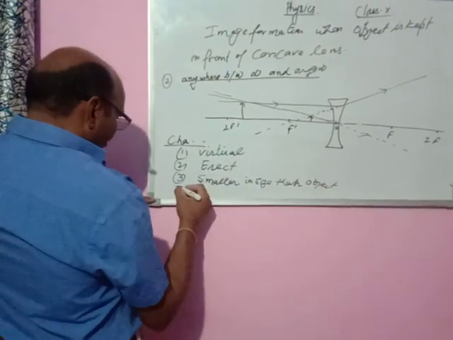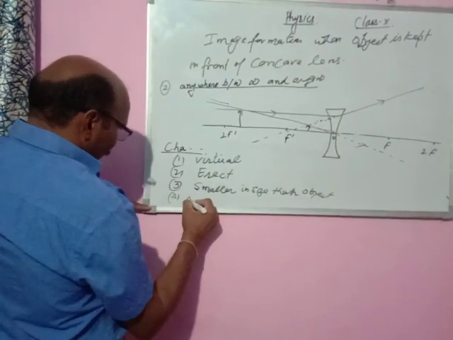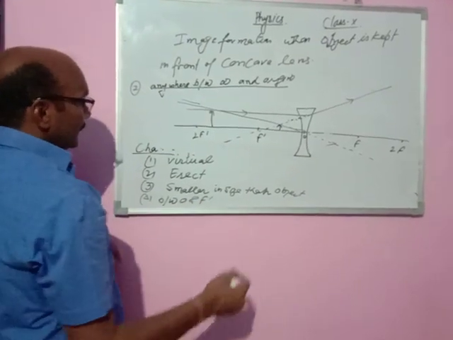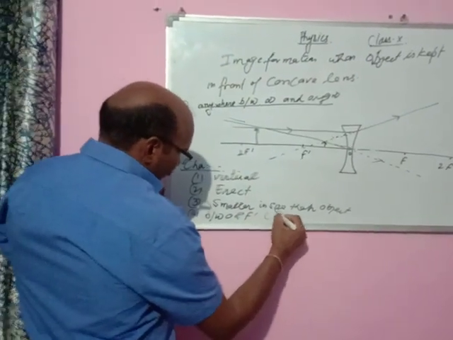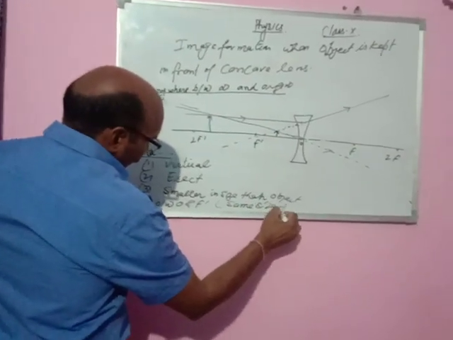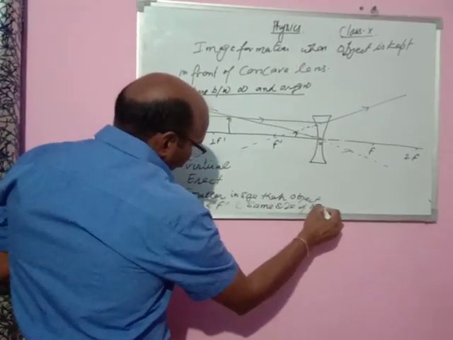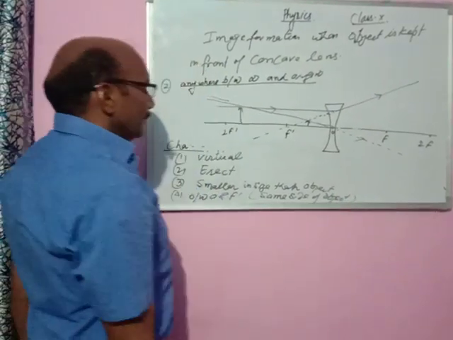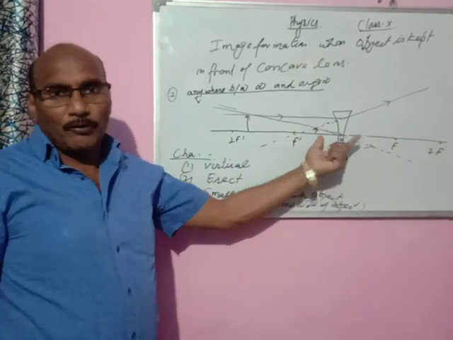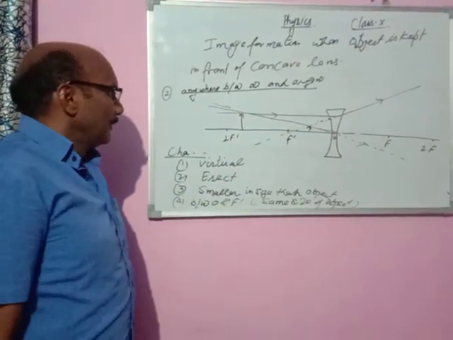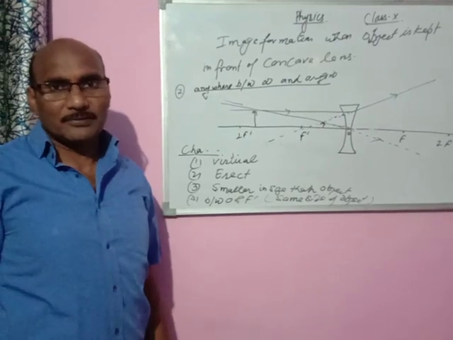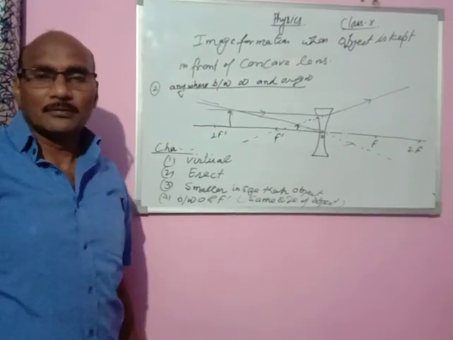And between O and F dash, same side of object. Okay, these are the characteristics of the image formed when object is kept in the front of a concave lens. So I hope you have understood these.